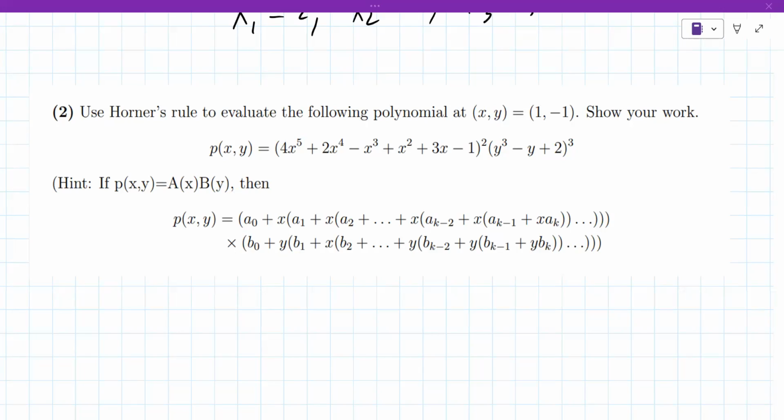So I believe your instructor has polynomials, so we'll look at those. Use Horner's rule to evaluate polynomial at 1, -1.